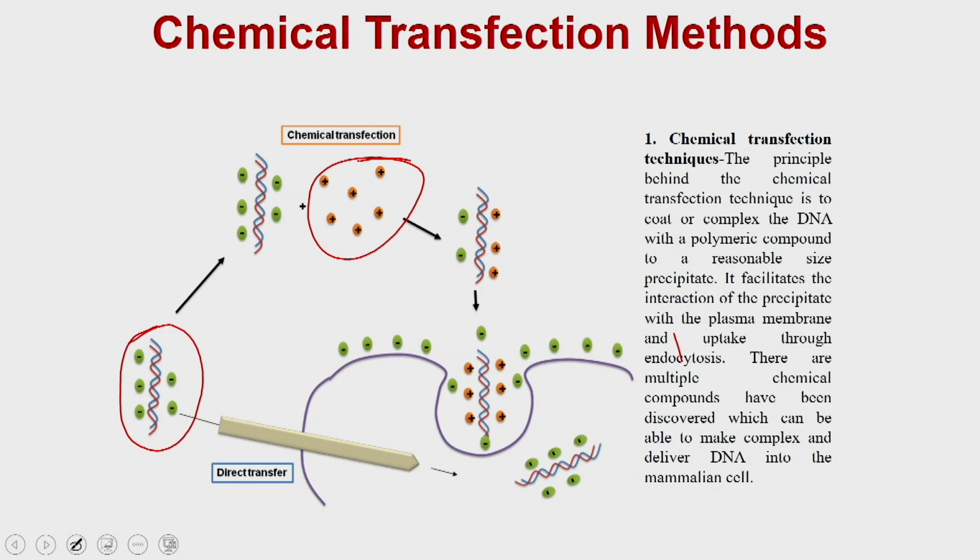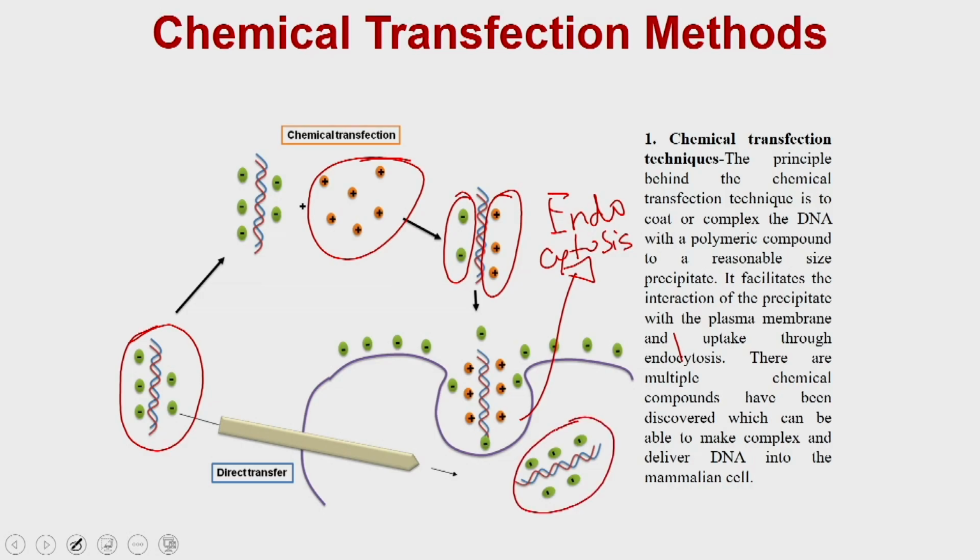The DNA is going to have the negative charges on one side and the positive charge on the other side, and as a result it is going to make a complex, and these complexes are taken up by the mammalian cells in a process known as endocytosis, and that is how they reach the nucleus, and then in the nucleus this chemical molecule is released, and the DNA is free for downstream expression processes.